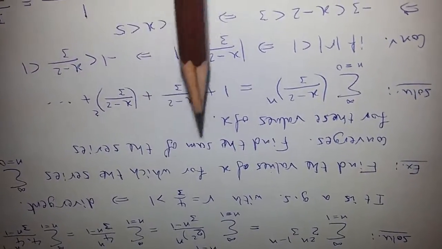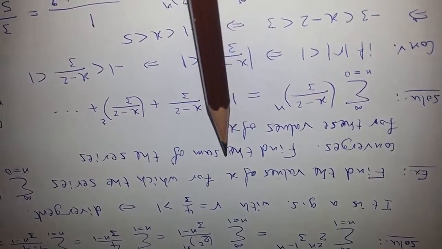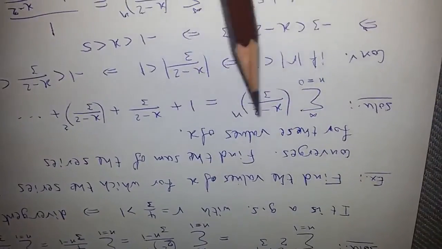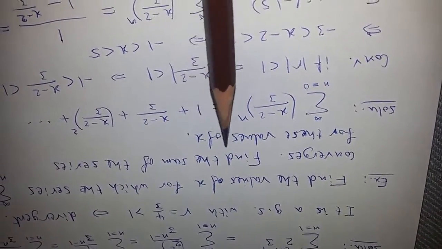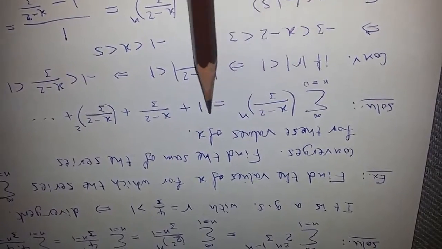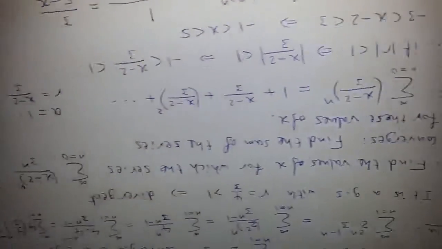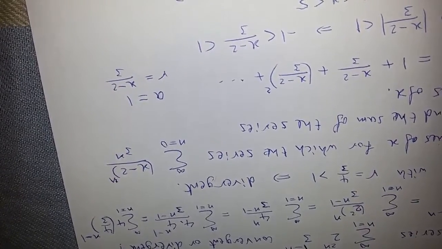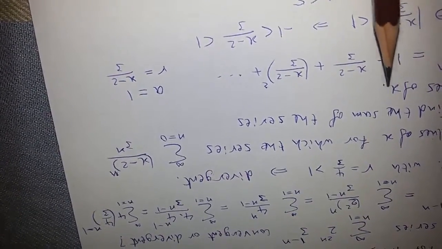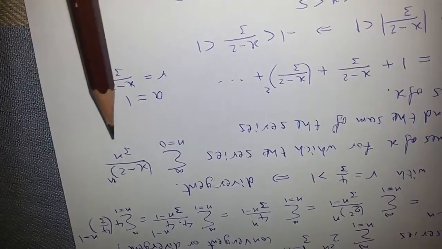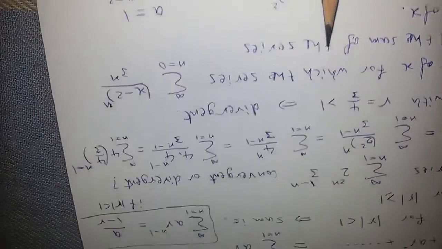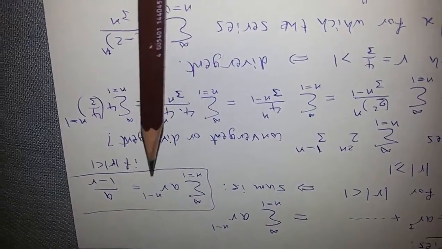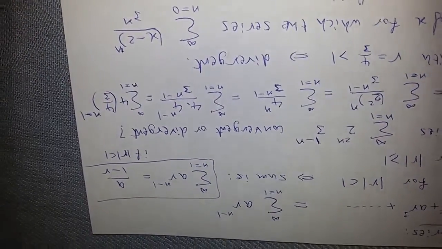Another example. Find the values of x for which this series converges. Find the sum of the series for these values of x. Alright, look at this series. If I want the sum of a series, I just know this rule up to now, that the sum of a geometric series is a over 1 minus r.